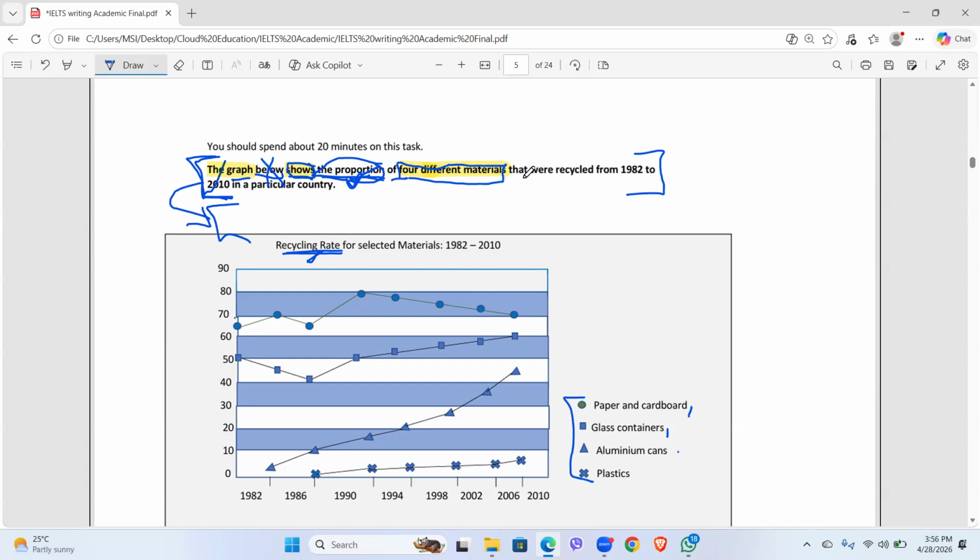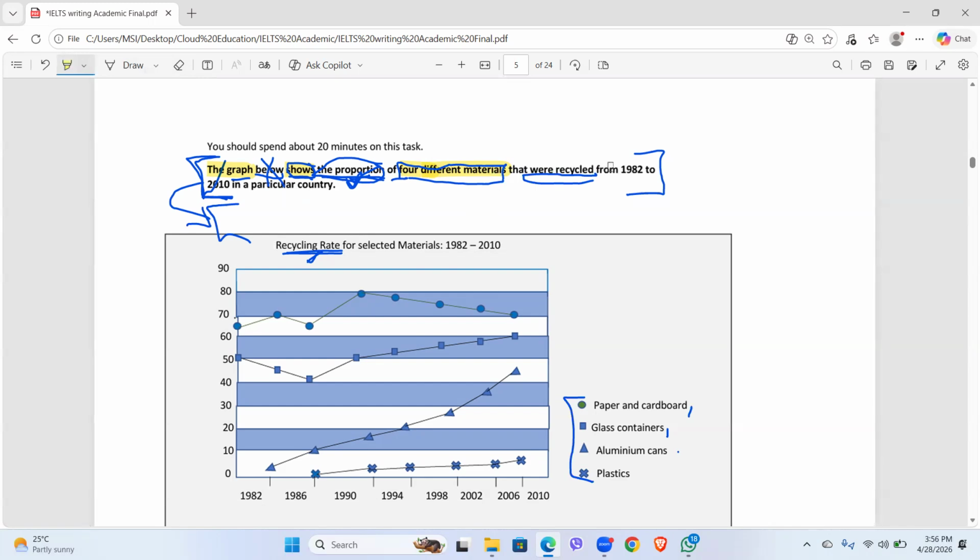That way, recycled, what can we write? Reused, or we can simply leave it as it is. From 1980 to 2010. Or convert, recycle.